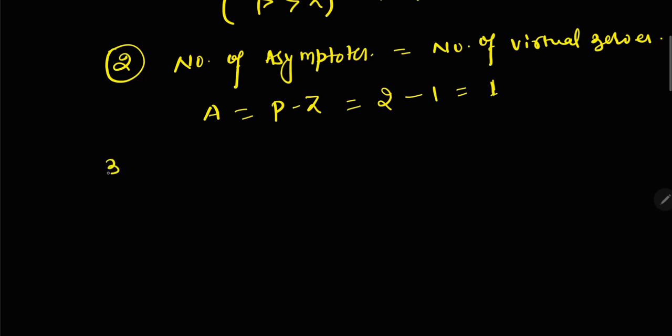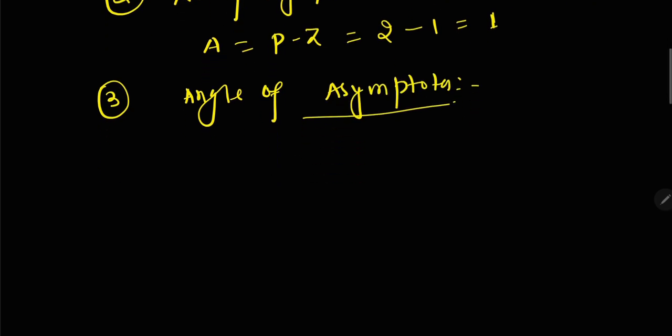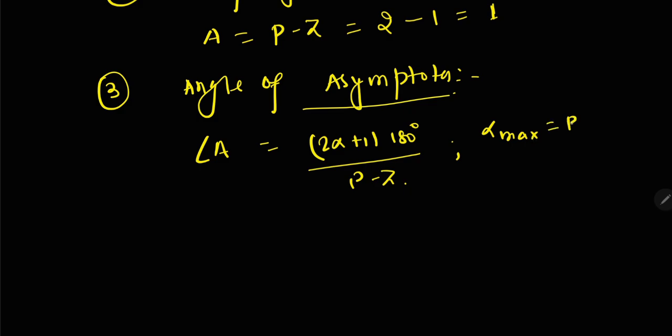Okay, so third, angle of asymptotes. Angle of asymptotes is (2 alpha plus 1) times 180 degree upon P minus Z. First calculate alpha maximum, that is P minus Z minus 1, and P minus Z is 2 minus 1 is equal to 1, so alpha will be 0 and 1.